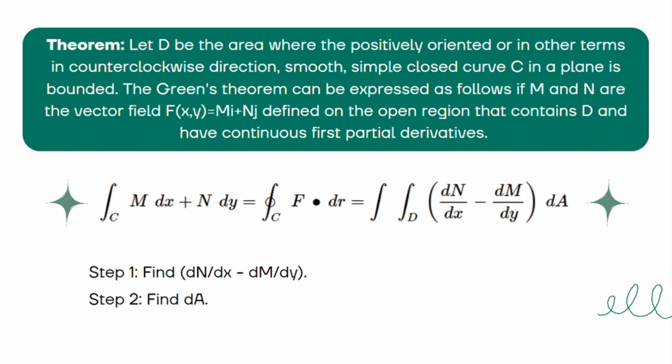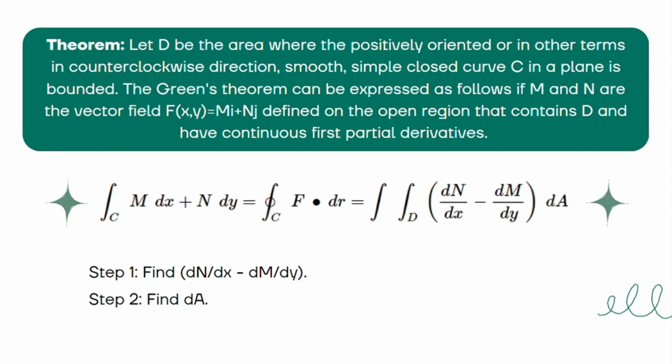The equation of Green's theorem is as below, which is integration of M dx plus N dy equals integration of F dot dr, or we can write it as double integral of dN over dx minus dM over dy dA.